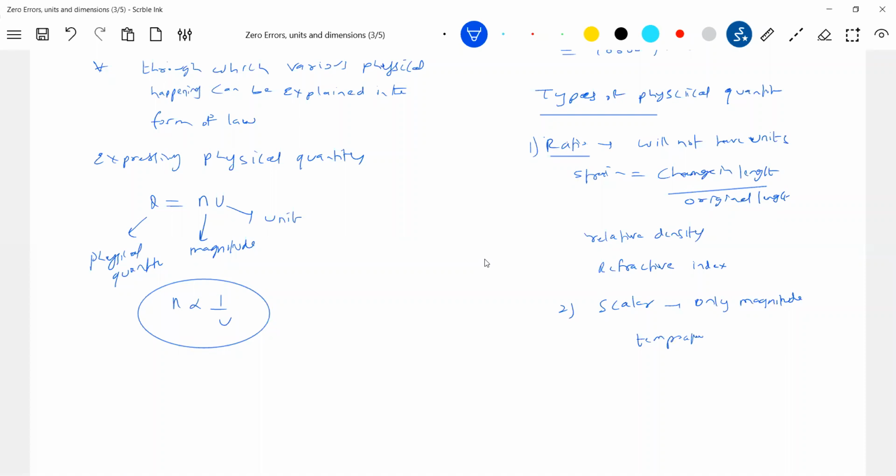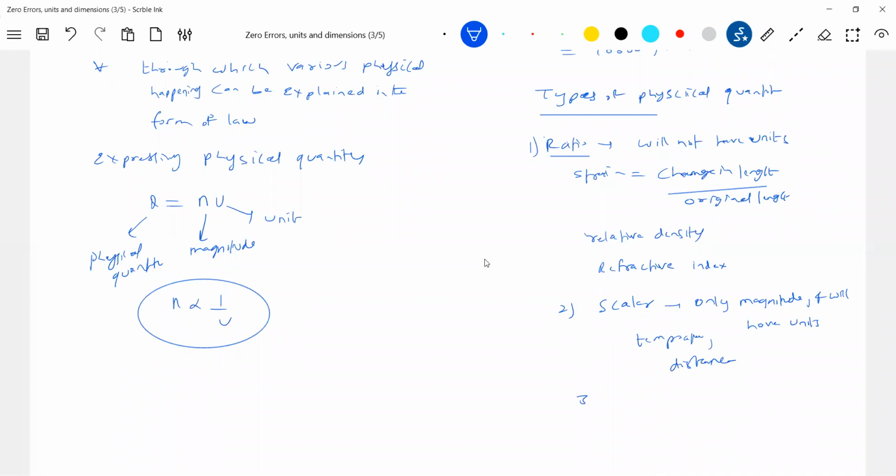A ratio will not have units, just magnitude, like refractive index 2, 2.5, 1.5. Similarly, a scalar has only magnitude, not direction, and it will have units. Examples are temperature, then distance. It has magnitude as well as unit.